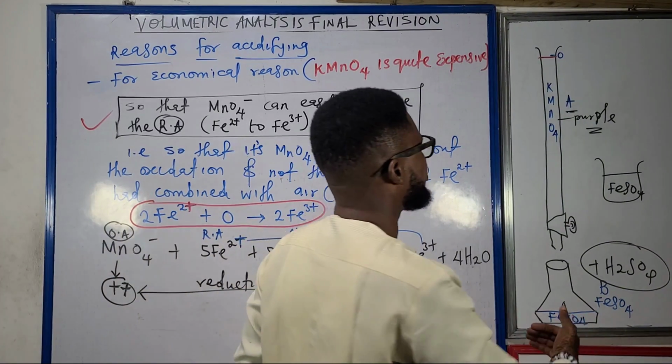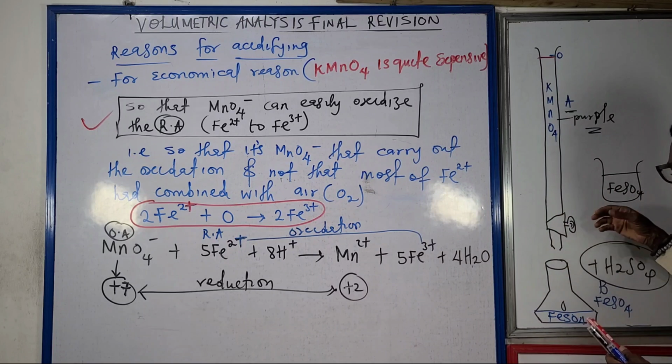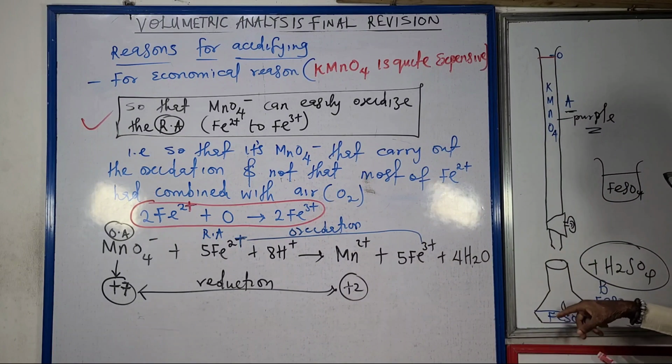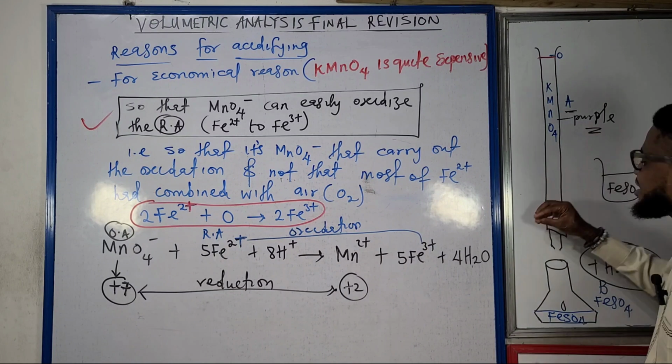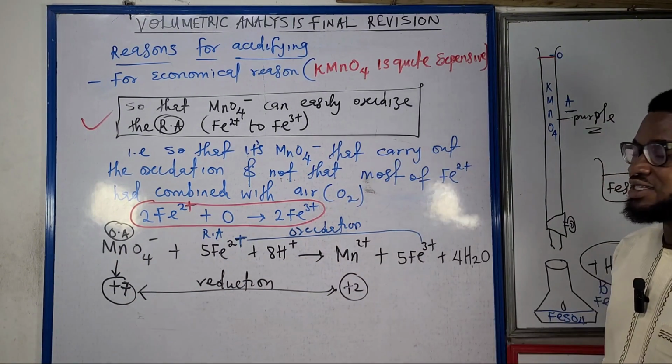That way we are going to use less amount of KMnO4, because the moment we titrate, iron 2 ion will be available to donate or give out electron to the manganese here.